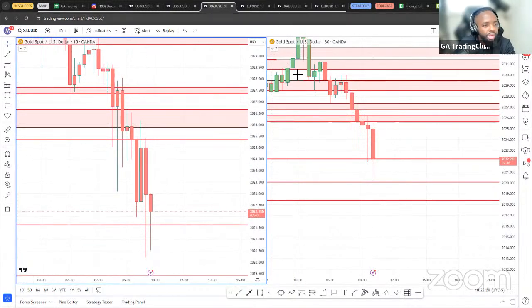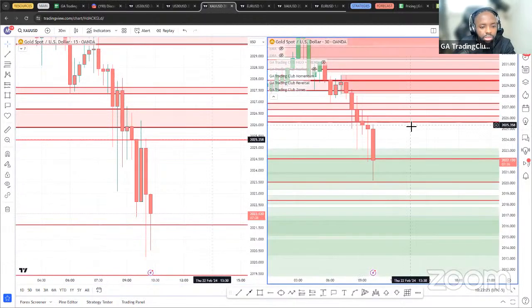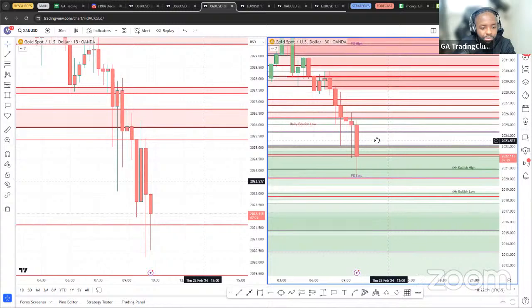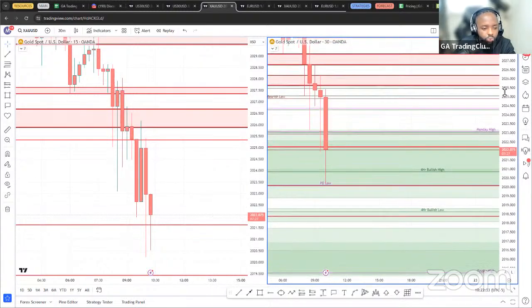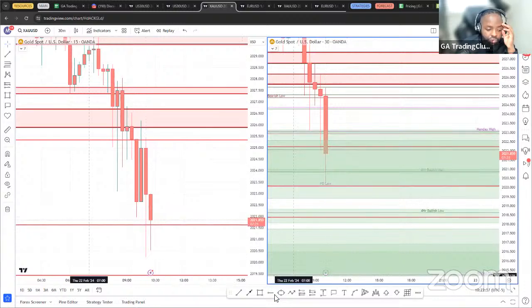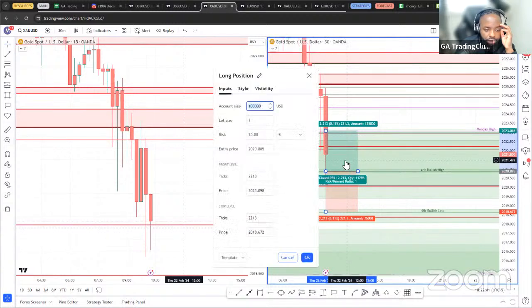What was the zone I told you guys for gold? Zones indicators. I think we missed that. Yeah, this 4-hour bullish high, because remember, we expect gold to go back up to 2040. So that's that 4-hour bullish high that I was looking at before the live session started. So this would have been in profit already.